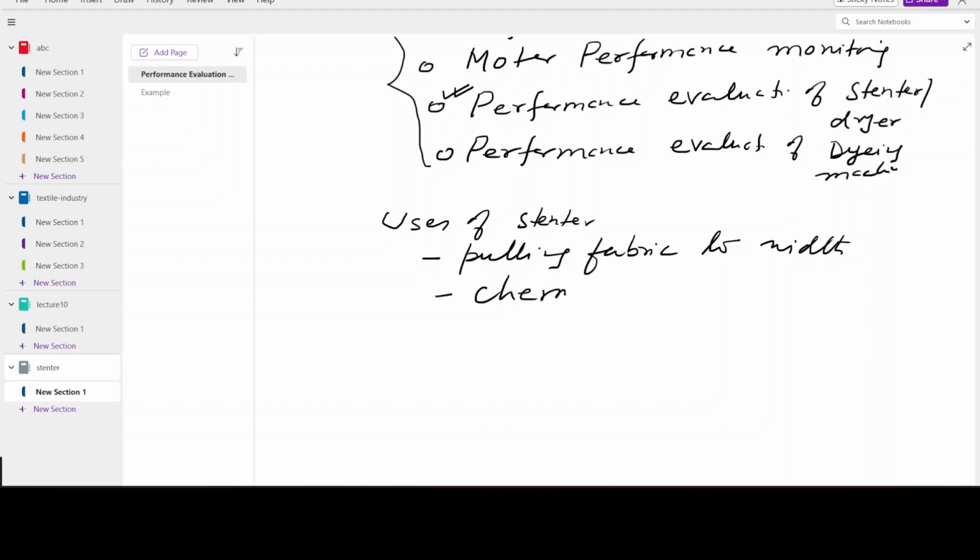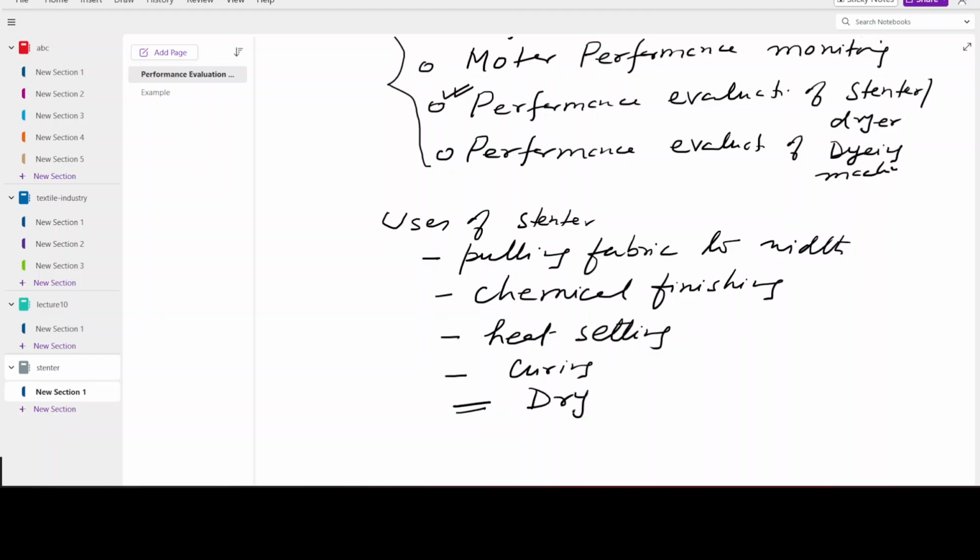It may be used in chemical finishing. It is also used for heat setting. It is used in curing and it is also used in drying. Topic of our focus here.